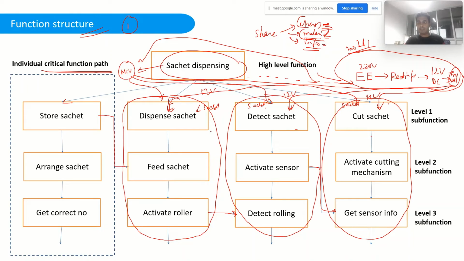Got it? Also, not only because of sharing, they also have different functions. Otherwise those would not be a modular architecture; it would be an integral architecture.